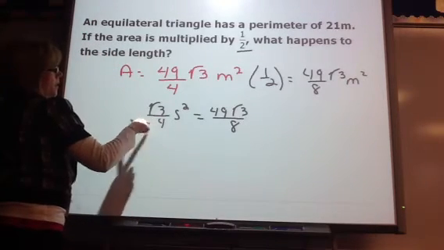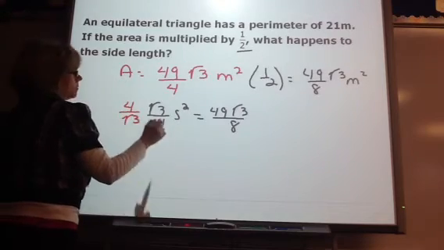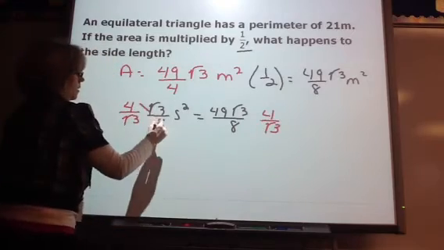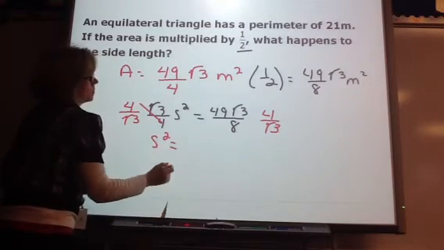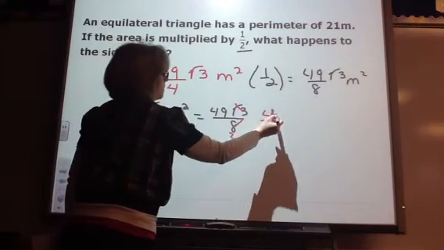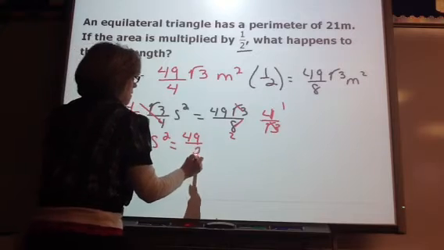So the inverse of the square root of 3/4 is to multiply it by its reciprocal. So this cancels out. Let's do our cross simplify. So we have 49/2.